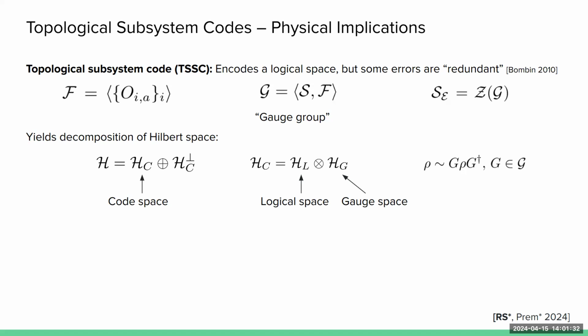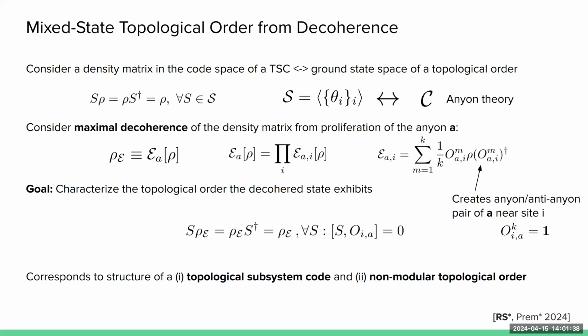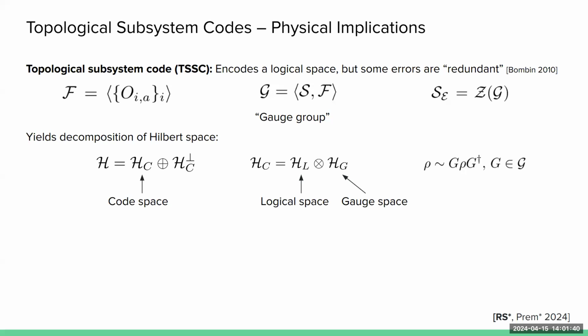So G is in general a non-abelian group. Then the statement that rho E is stabilized by these S's is just the statement that the stabilizer group of rho E is generated by the center of the gauge group. As it turns out, this structure just immediately gives us the structure of a subsystem code. I don't want to go too much into details of what this means in the context of error correction.